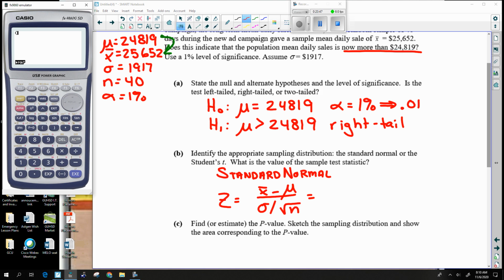So parentheses around x bar minus mu, divided by the denominator. That gives 2.75.